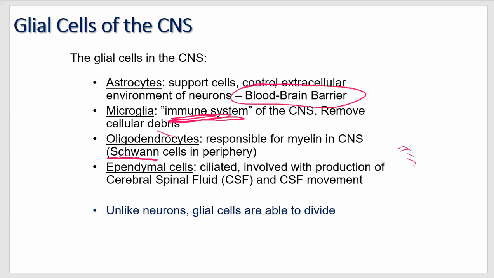So unlike neurons, glial cells are able to divide, which is important for a lot of things, for regeneration for one thing. But when that goes wrong, if you hear about cancers, a lot of times you're talking about a glioma, or an astrocytoma or a glioblastoma, which are astrocytes becoming cancerous, and these are the most common.